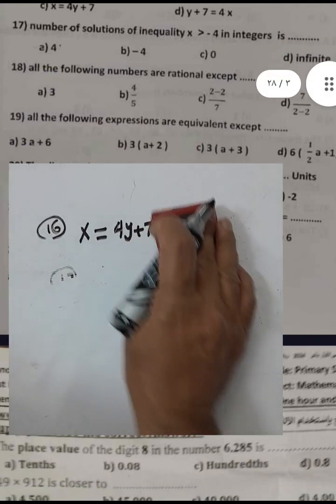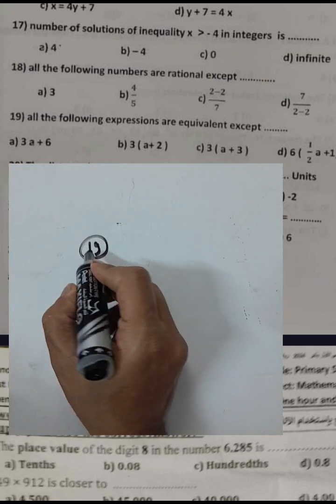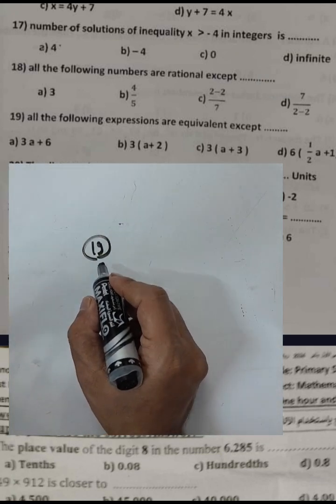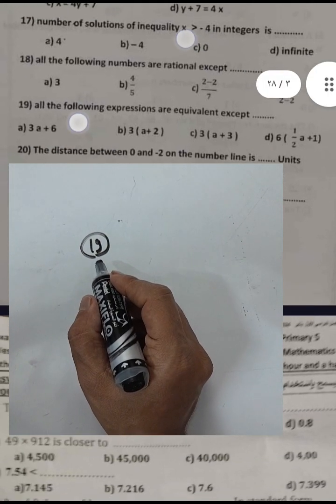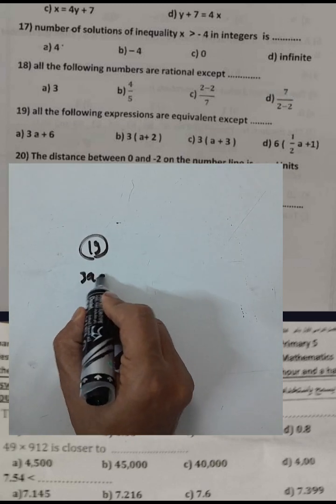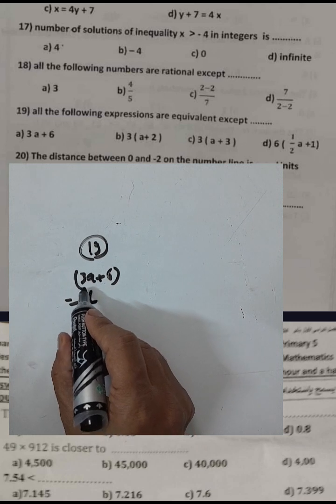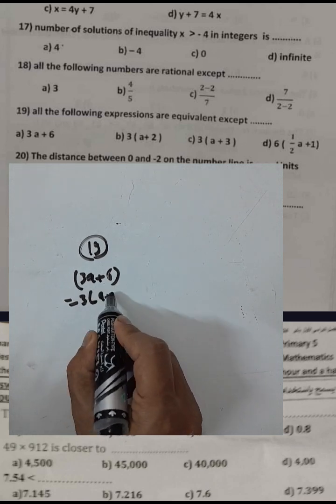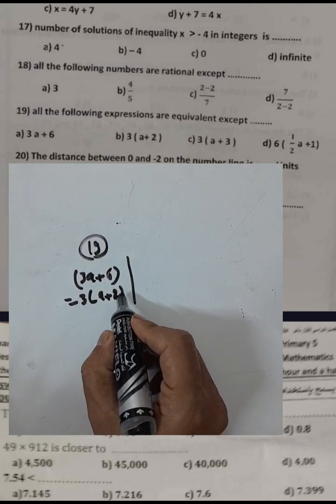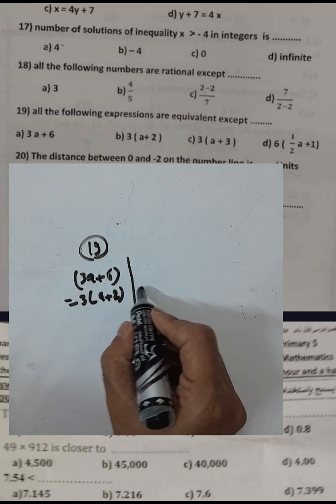Question 19. All the following expressions are equivalent except what? We can write 3a plus 6. You can write 3 as the highest common factor between the two terms. 3a divided by 3 equals a, and 6 divided by 3 equals 2. Letter A was this.